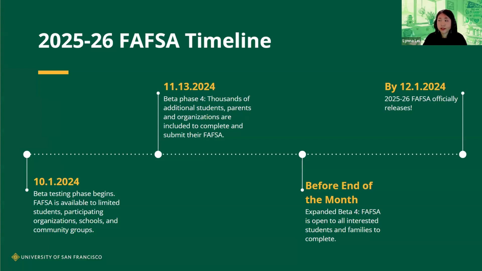And then earlier this month on the 13th, 1,000 additional students, parents, and organizations were included to complete and submit their FAFSA. At the end of this month, that beta will be expanded and made available to everyone to complete. And then December 1st will be when the FAFSA is officially released.